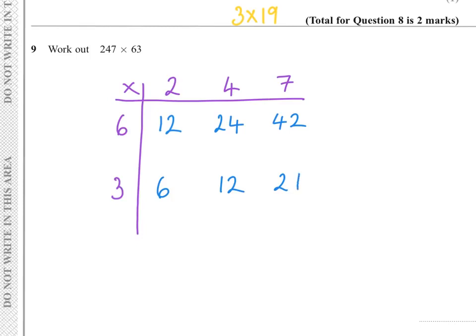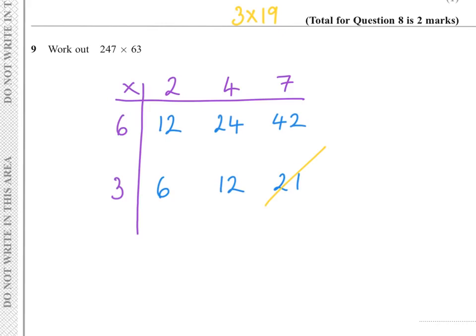And then with this method, you start from the lower right hand corner here with 21, and the reason for that is because this would be the smallest type of number. This will be the units. These ones will be the tens, these ones will be the hundreds and thousands.